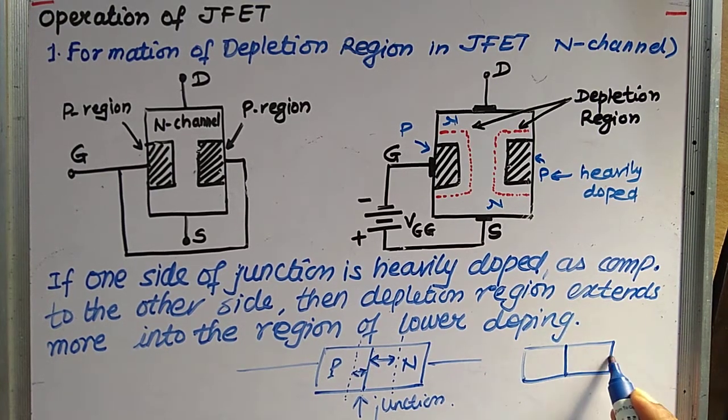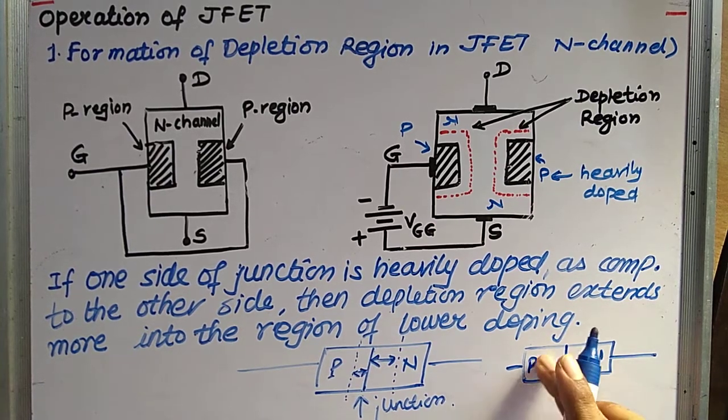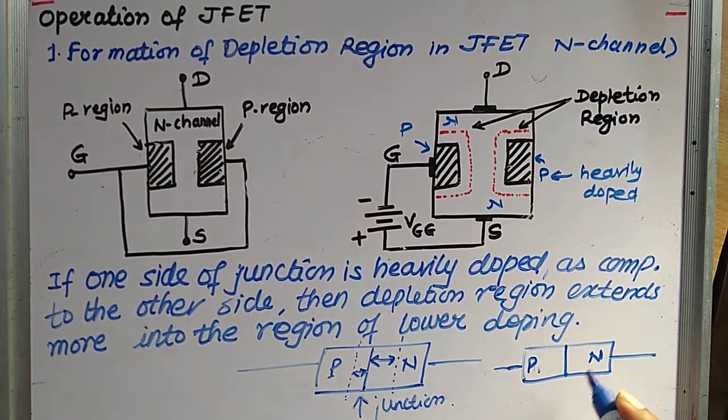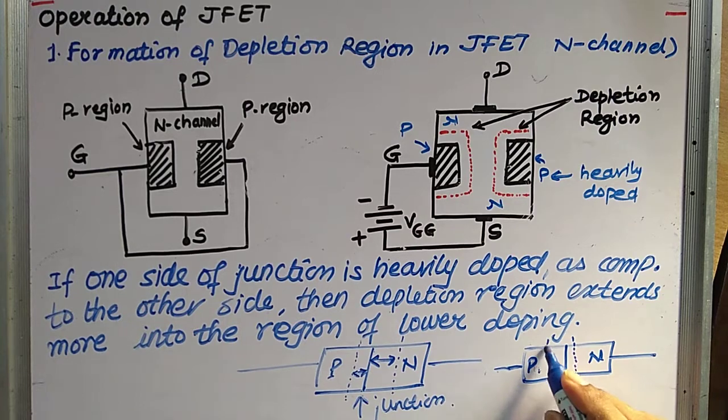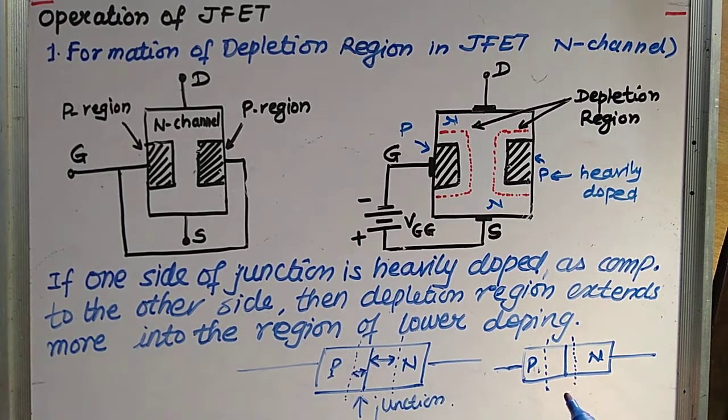If again I say this is a PN junction, now let us say that N type is heavily doped. So the width of the depletion region in N-type is less as compared to P-type. So here you can see that the width of the depletion region is more in P-type as compared to that of N-type.